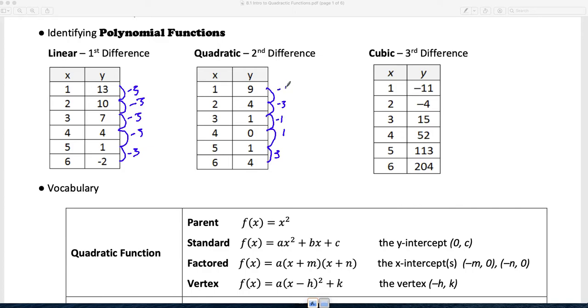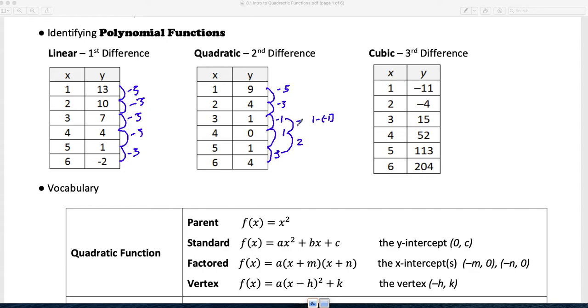All right, at this point, there is a pattern forming, but that's not the one I want you to see. We just did a first difference, just like we did a first difference here. This is where we're really going to see the pattern. We're going to see it on the second difference. So I'm going to subtract backwards again. 3 minus 1 is 2. 1 minus -1. A negative and negative is positive.